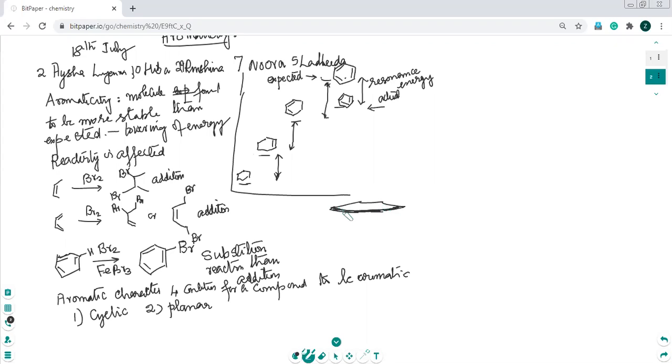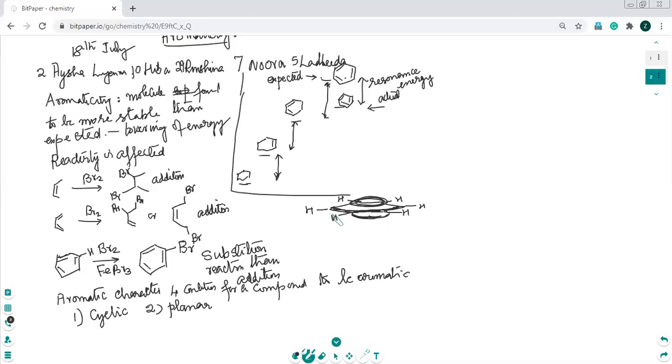And see all the carbons in a single plane. You have the hydrogen here, H here, H here, H here, H here, and H here. See everything in a single plane. And then you have a cloud on the top and bottom. So it is a planar ring.